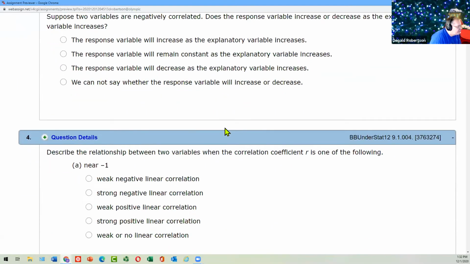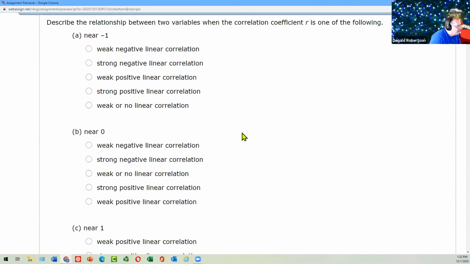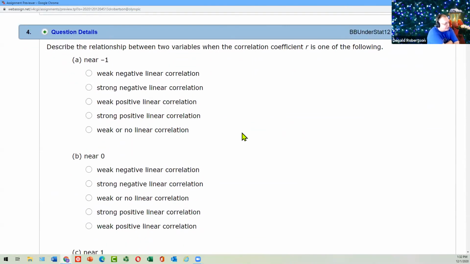This is the same idea negatively. Here is a choice. Suppose the correlation coefficient R was near to being -1, so it was dead close to being -1. Which one of those would we describe it by?